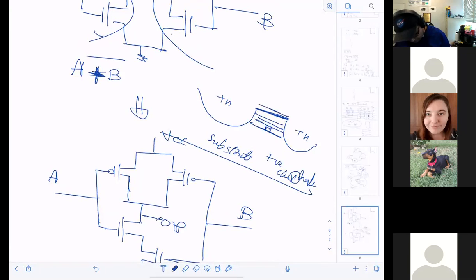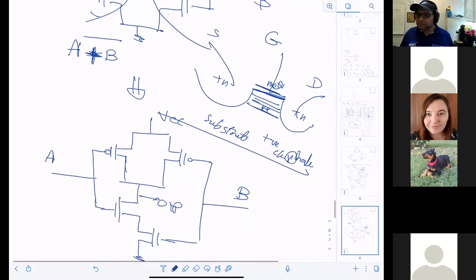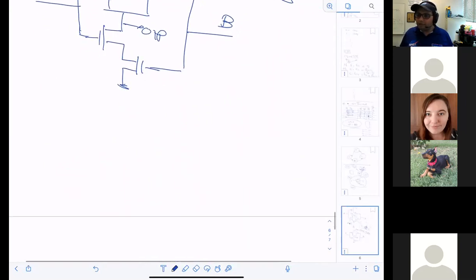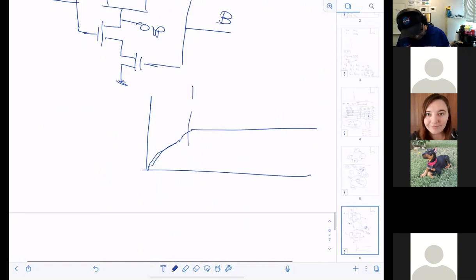And then there is metal oxide metal. And then they get the gate. And here's the source. This is to act like a resistor, right? Transistor. And the transistor has a characteristic curve like this. Here is cut off, that means it's turned off.